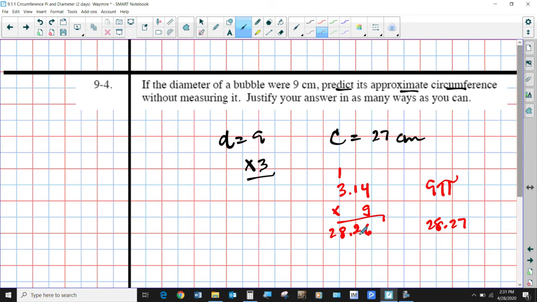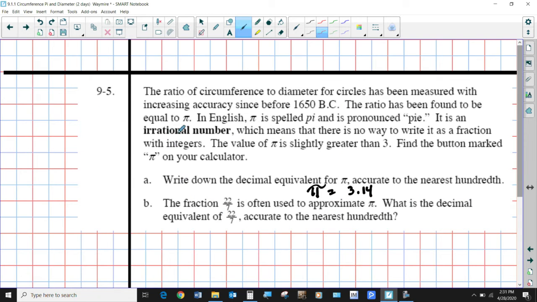These two are remarkably close, right? But this is 100th more than that. So depending on where you choose to round it, you're never going to get the perfect answer because pi is what we call an irrational number. It has to be rounded off. But we're going to get something that's so close it's effectively the correct answer.